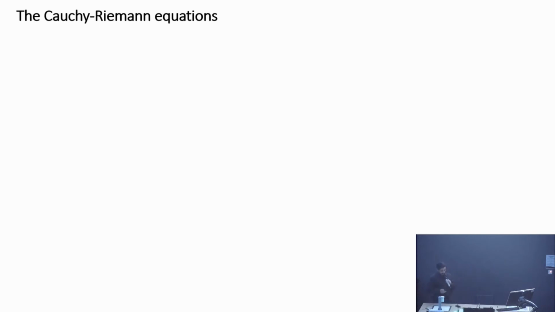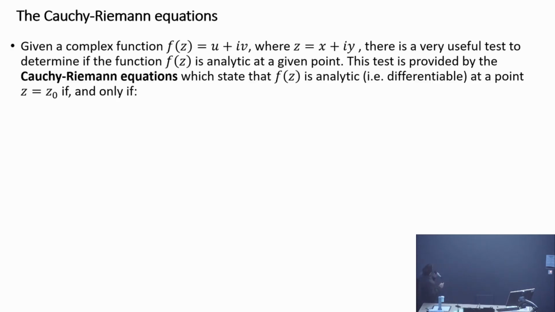The function has components u plus iv. For now, I don't want you to think about u and v as the velocity components. U is the real part, and v is the imaginary part. You don't have to relate them to the velocity components. So I have this complex function here.